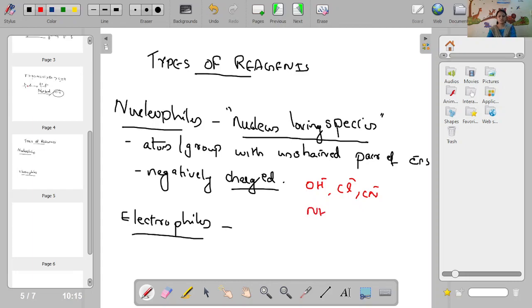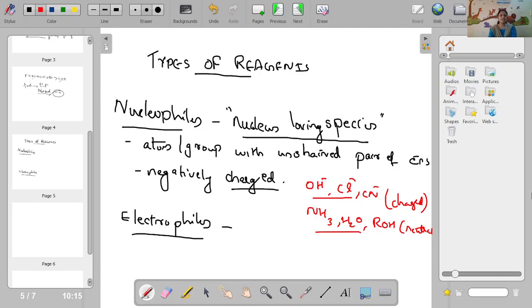So you can have NH3, H2O, ROH. These are some examples for neutral nucleophiles and these are charged. All should remember at least 2 examples for neutral nucleophiles as well as charged nucleophiles.